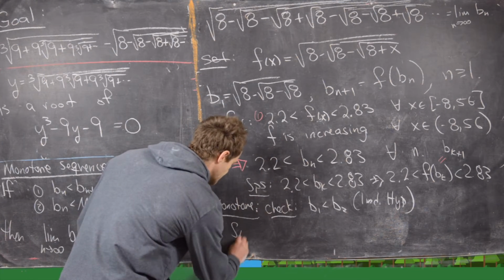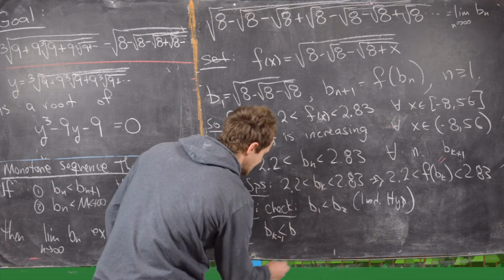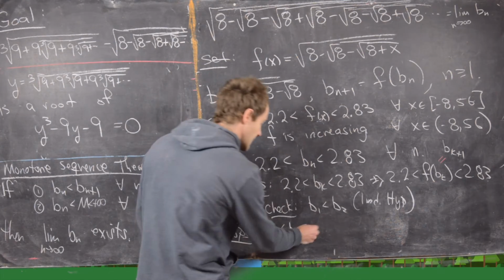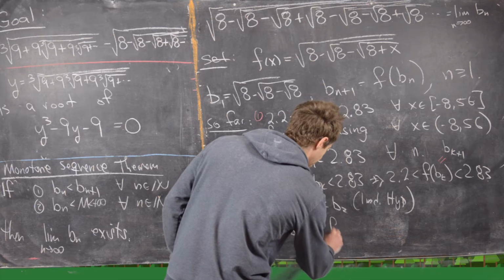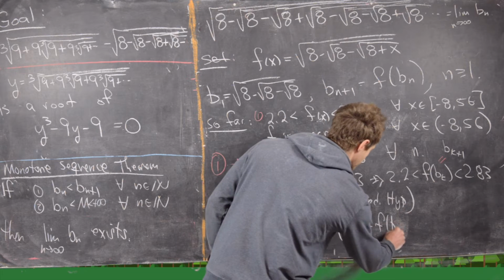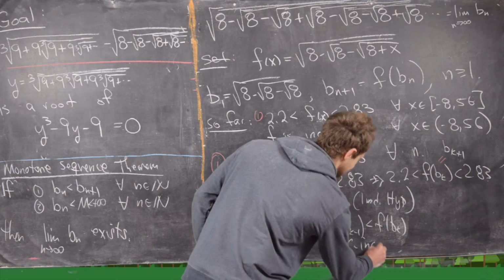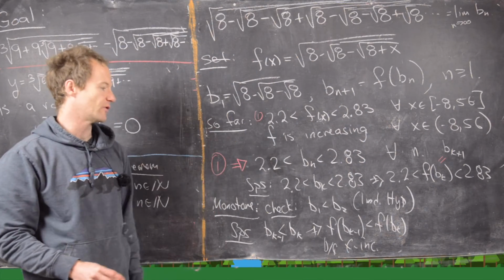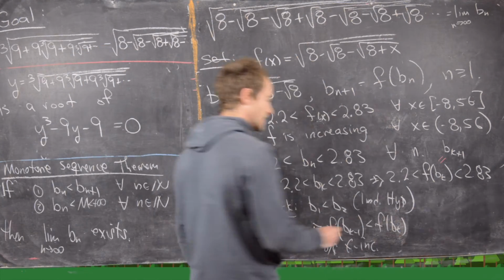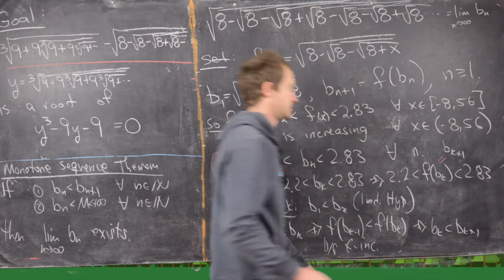And then the next thing that we want to do is suppose that Bk minus 1 is less than Bk for some k, and then we will apply the function f, and so that means that f of Bk minus 1 is less than f of Bk, and that's because f is an increasing function, which we proved by looking at the derivative. But then, by how the sequence is defined, that tells us immediately that Bk is less than Bk plus 1.